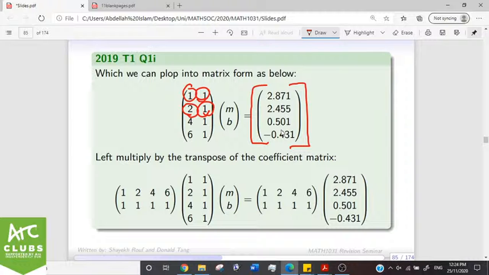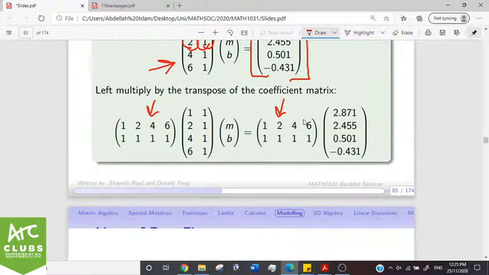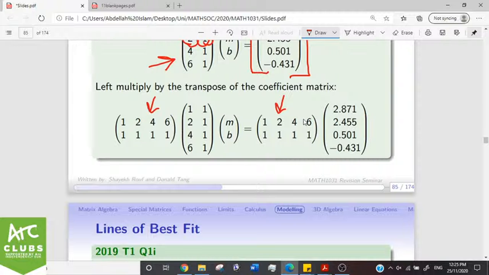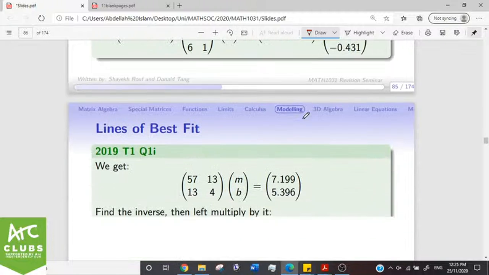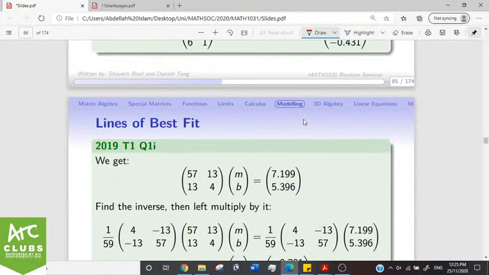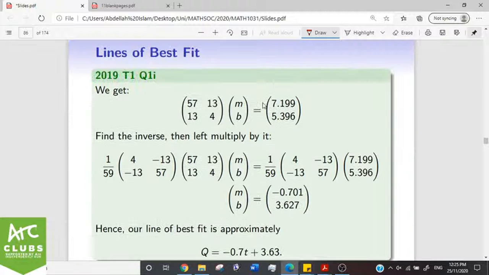What we do next in the least squares method is we multiply both sides by the transpose of this matrix. Okay, so we do that to both sides. So here's the transpose on the left side and then on the right side. And multiplying through by the transpose, on the left side we get this.